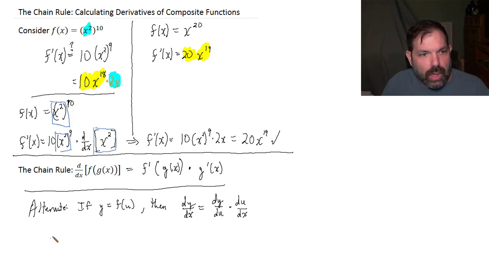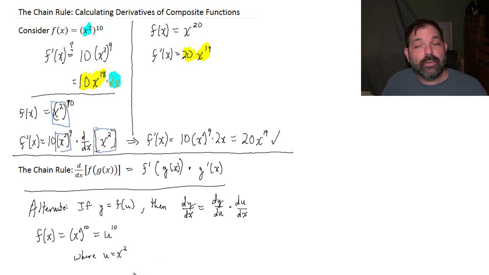Here we had the function x squared to the 10th power. In a sense, that's the same as u to the 10th power, where u is equal to x squared. That's an alternate way to write that. F of x is x squared to the 10th, the same as u to the 10th power, where u is x squared.